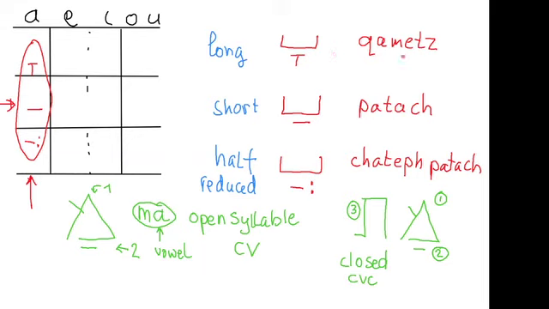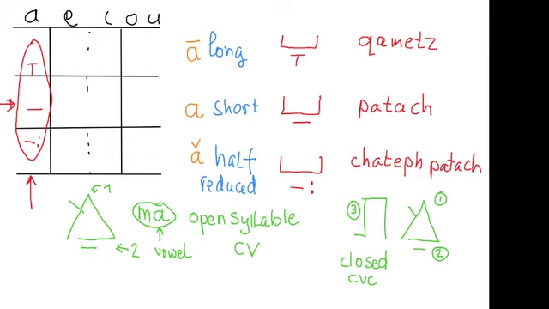This is the long, this is the short, and this is the half reduced. And we could add the transliteration for it. The short is an A. This has an A with a line under it, and this is an A like this. So this is how you transliterate the kametz. The normal A is the patach, and the A with the upside down roof is the chatef patach. Long, short, half.